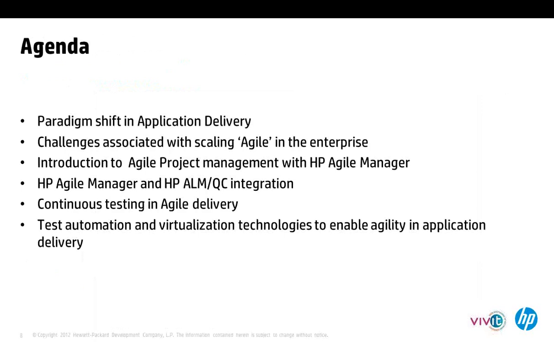We'll also talk about its integrations with HP Quality Center and ALM, which are a unique differentiator for us in the market. Followed by that, I will talk about continuous testing and how we enable that in Agile delivery. And finally, the tools and technologies that HP brings to market for test automation and virtualization so that this agility can be enabled in the enterprise.